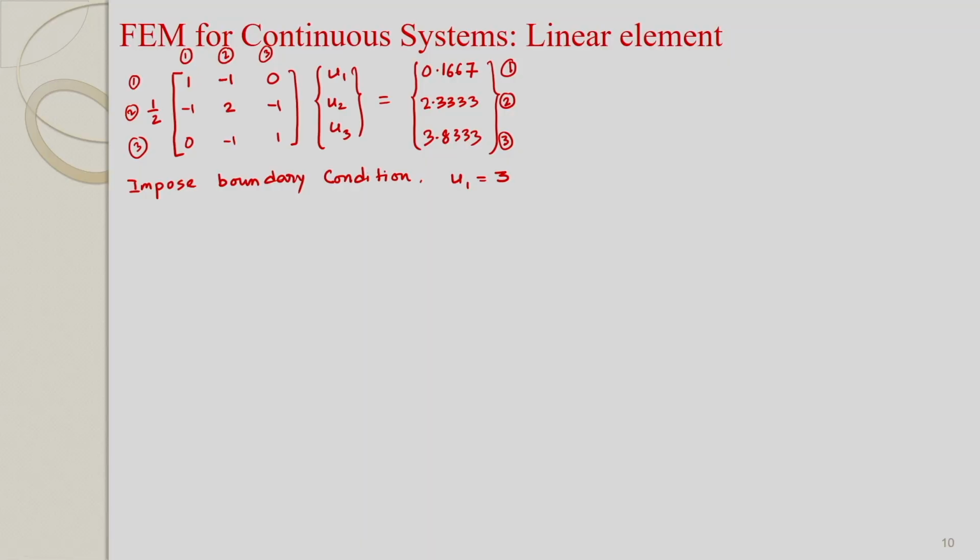So, this we will impose in the step of imposition of boundary condition. Now, we know we have to eliminate the first row and first column. Now because it is a non-zero boundary condition, the load vector will change.